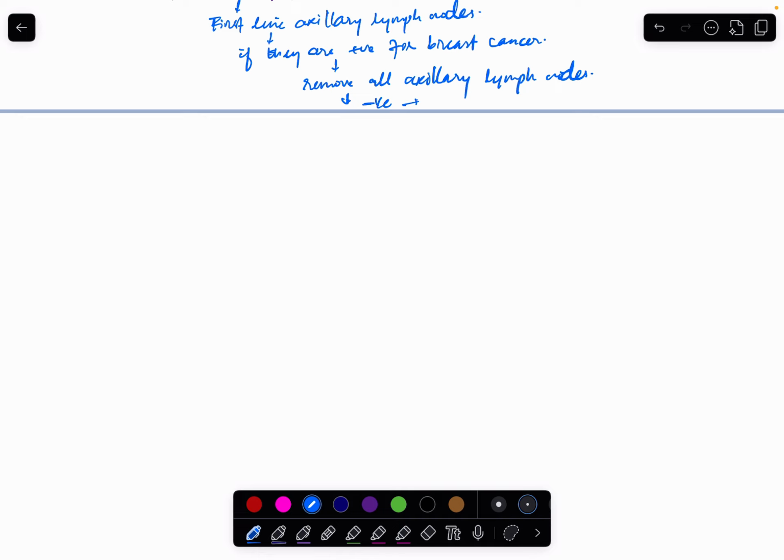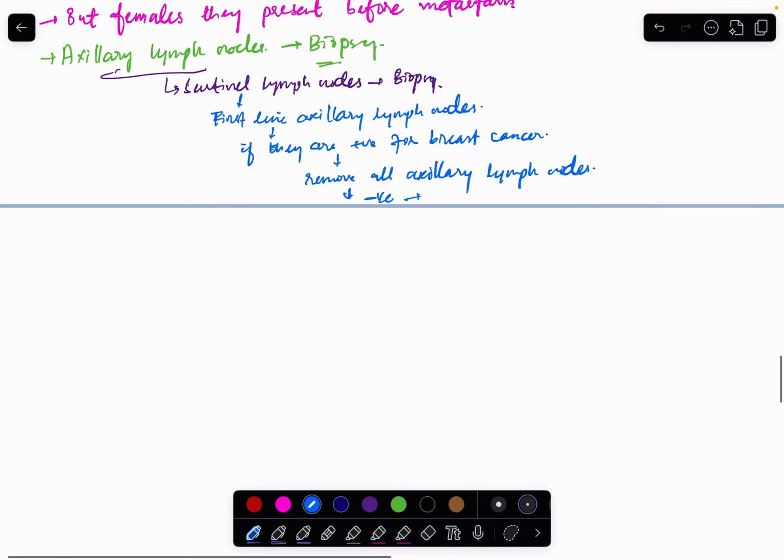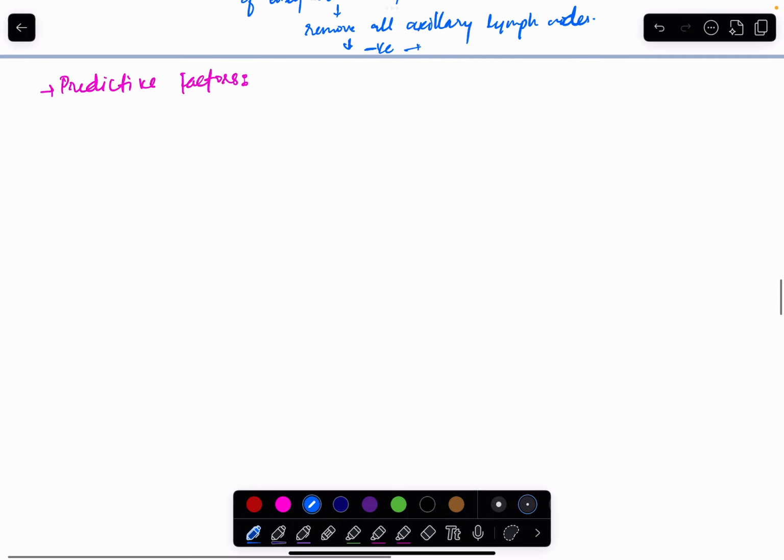Now let's move forward towards the predictive factors. What are the predictive factors?